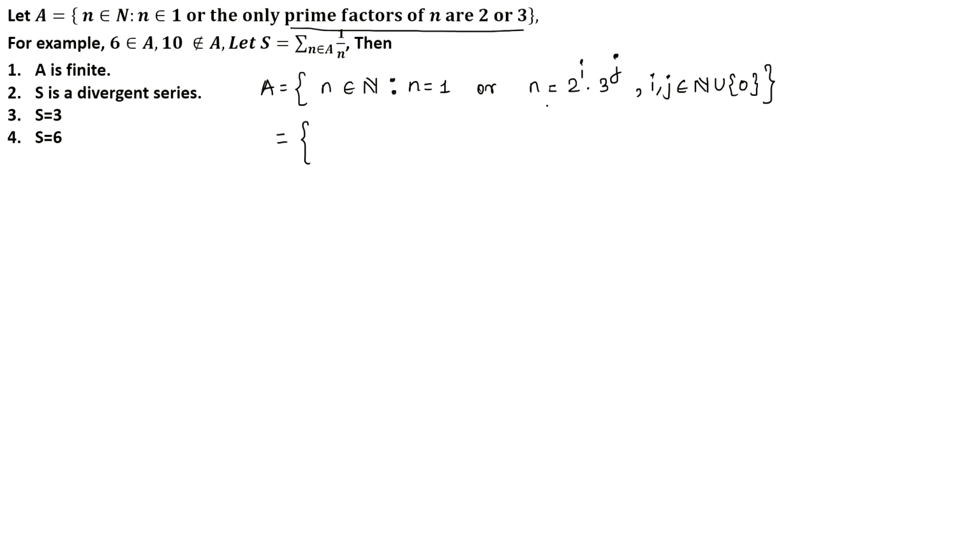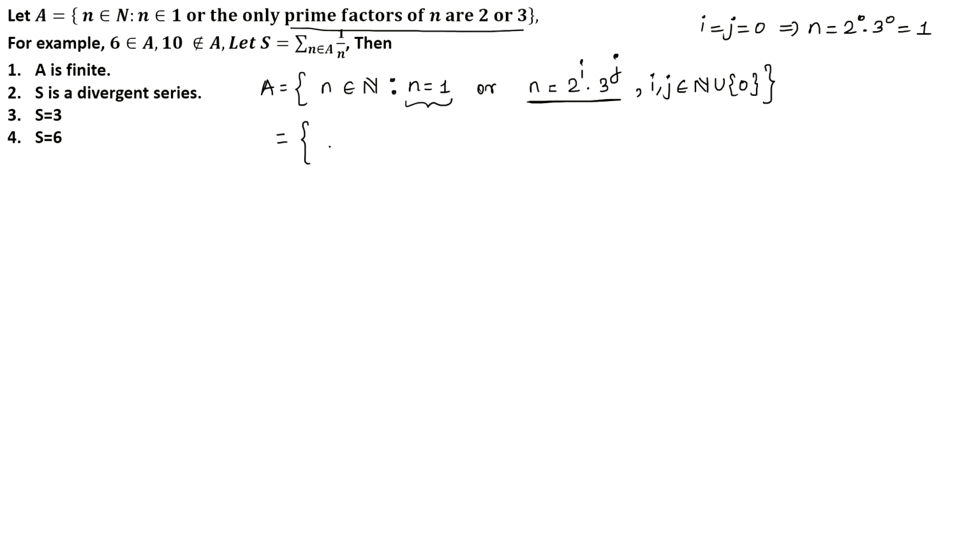And therefore, if you put i and j equal to 0, you will get n equal to 2 raised to 0 into 3 raised to 0, which is equal to 1. So in this prime factorization, n equal to 1 is already included, and therefore there is no need to write it separately.